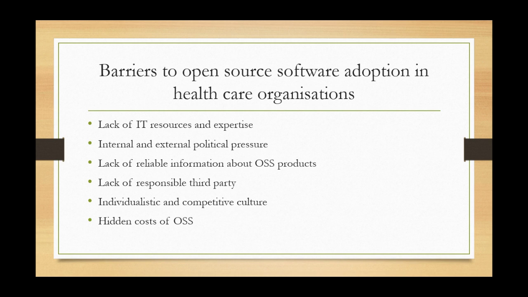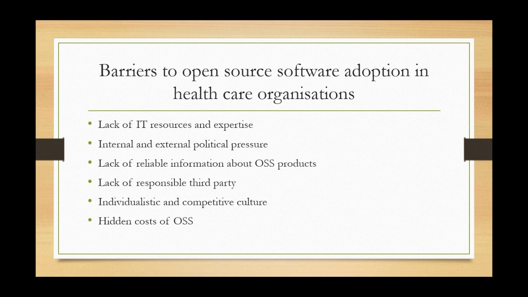So this barrier of lack of internal IT resource and expertise, you as an expert now have been equipped with knowledge that will help you to explain the implication of the terms and conditions of the open source licenses that the products are distributed under.